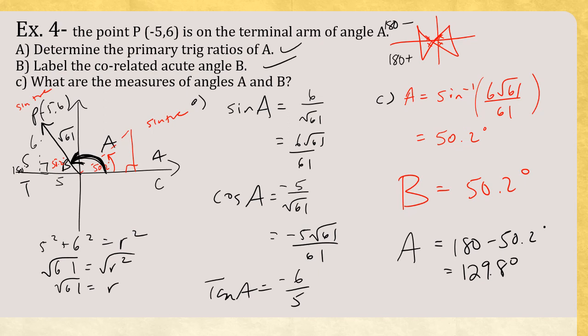And if it's in quadrant 4, that's always going to be 360 minus. And quadrant 1, they're all positive. They'll be acute. It'll be whatever the angle happens to be. So we could just label this x and 180 minus x, 180 plus x, 360 minus x, and so forth.